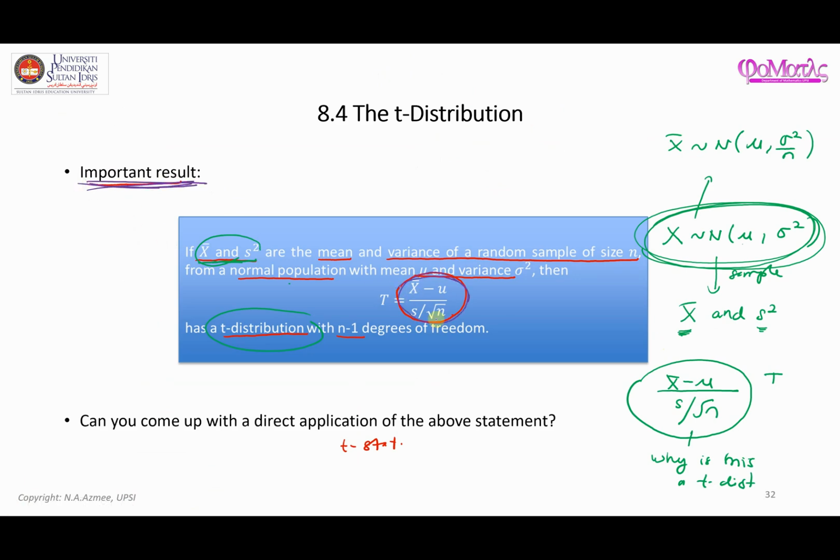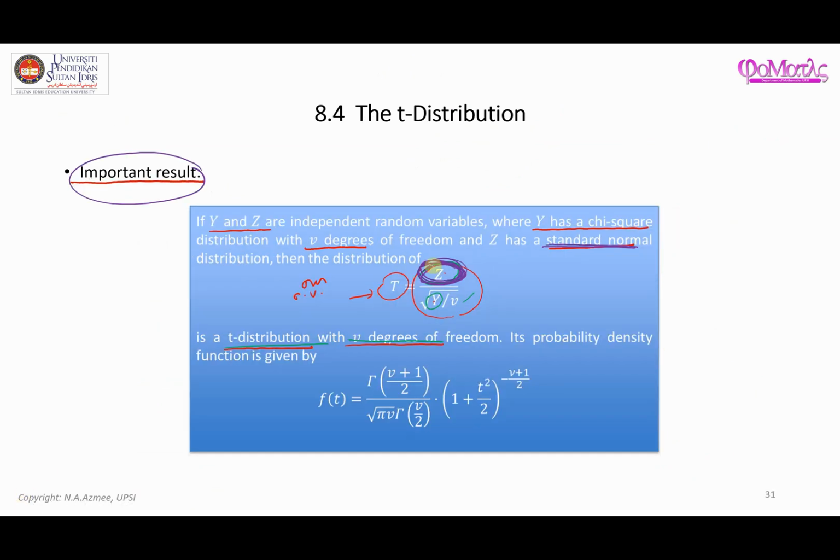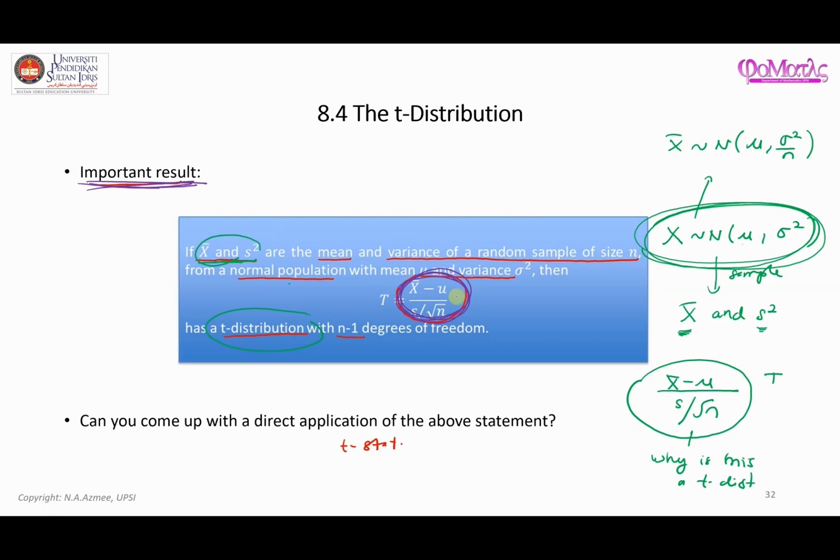So this comes from the idea of this one, and you should be able to know that this is the direct result that you can apply in hypothesis testing, in the case where the samples that you get come from a normal population with mean mu and variance sigma squared, okay? But maybe the sample size is small and you just get the sample variance or sample standard deviation to work with.